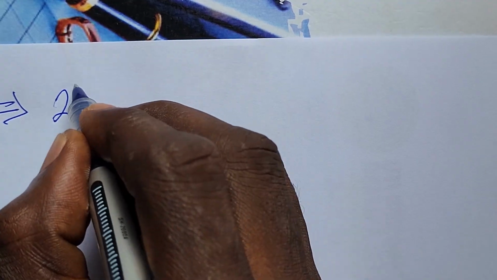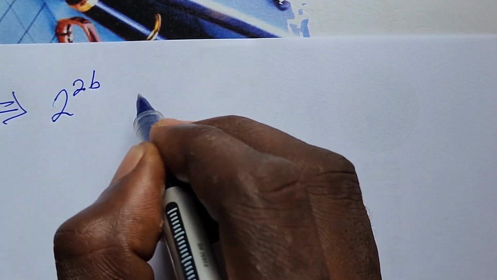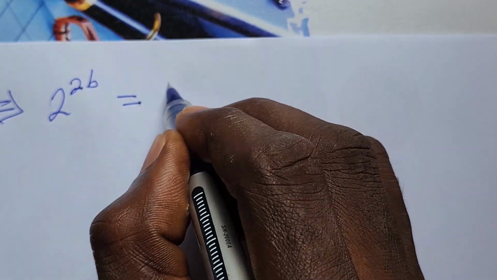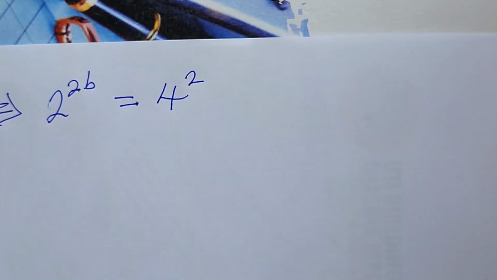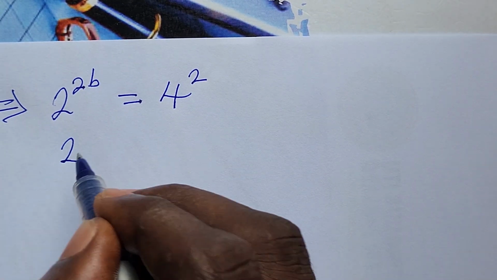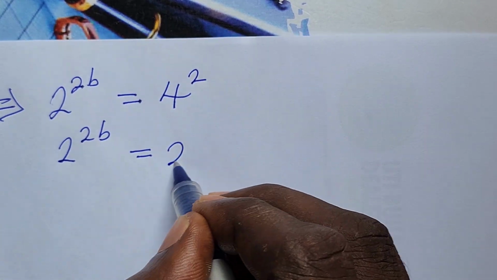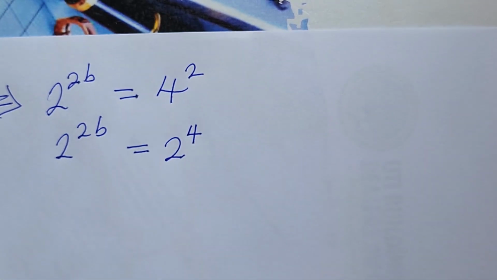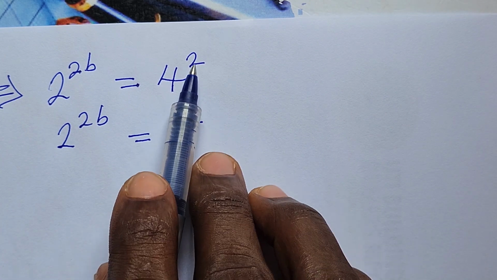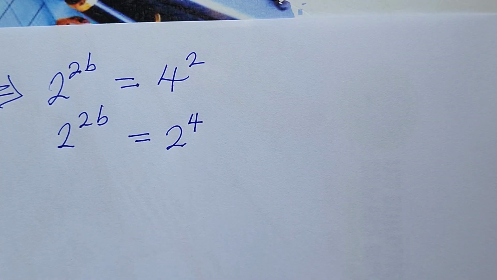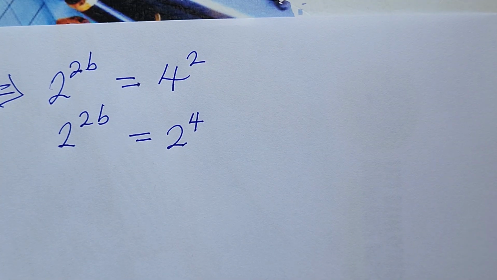Our 2 to the power of 2b is equal to 4 to the power of 2. So again, we can rewrite this as 2 to the power of 2b is equal to 2 to the power of 4, because 4 to the power of 2 will give us 16, and 2 to the power of 4 will give us 16 also.